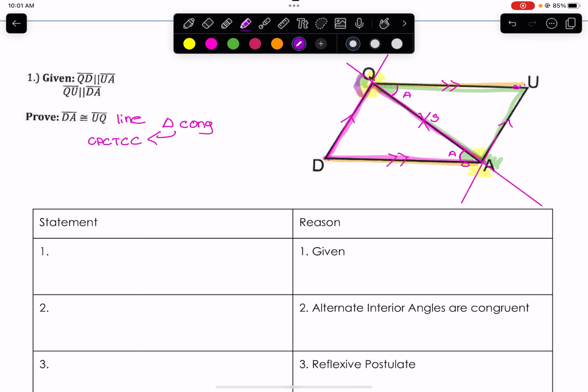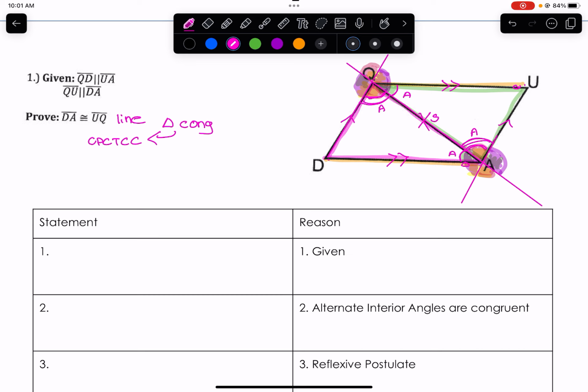Here, we're saying that these two are the same and these two are the same, but that doesn't really help me. It's kind of muddled, but if you look, these two are both highlighted as that red color. Again, these are alternate interior angles that I know are congruent because they're on opposite sides of the transversal.